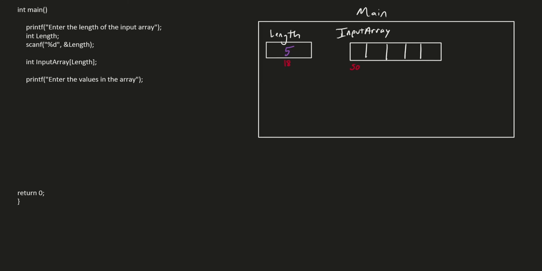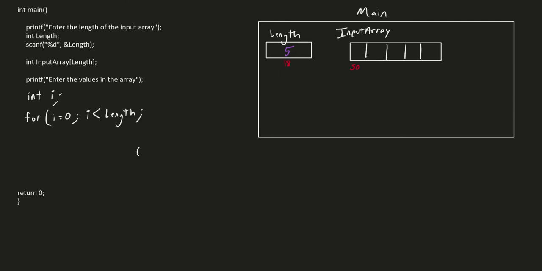So I want a for loop that will run for 5 iterations. So of course, I will need a for loop variable, and I will initialize this variable to 0. I'll have it keep running as long as it's less than that length variable.